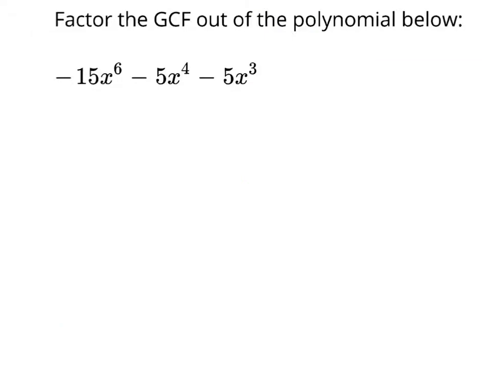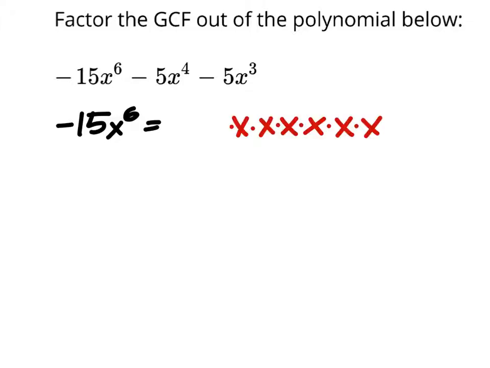So let's look at these 3 terms individually, starting with the negative 15x to the power of 6. This is going to have 6 x's with it. So we have to look at that negative 15 and factor it out. Prime factorization, we kind of have two choices on this.